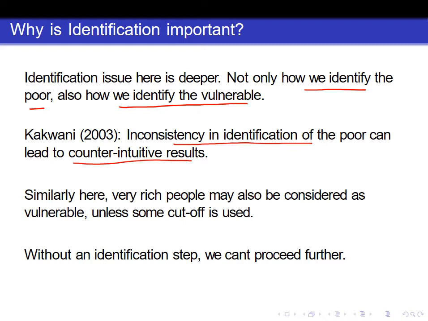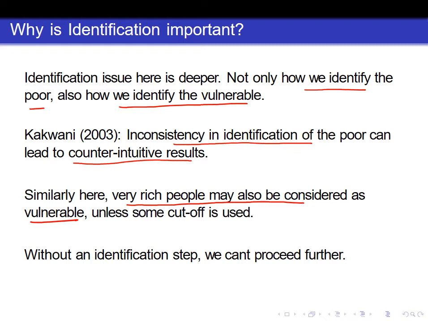In our context, very rich people may also be considered as vulnerable. For instance, if we think of vulnerability to poverty as probability of being poor in the future, there can be some situation where people like Bill Gates can be poor too. So an extreme situation, for instance. If we do not have any kind of cutoffs or any kind of identification process in our vulnerability calculation, those people might also be included, and we don't want that.